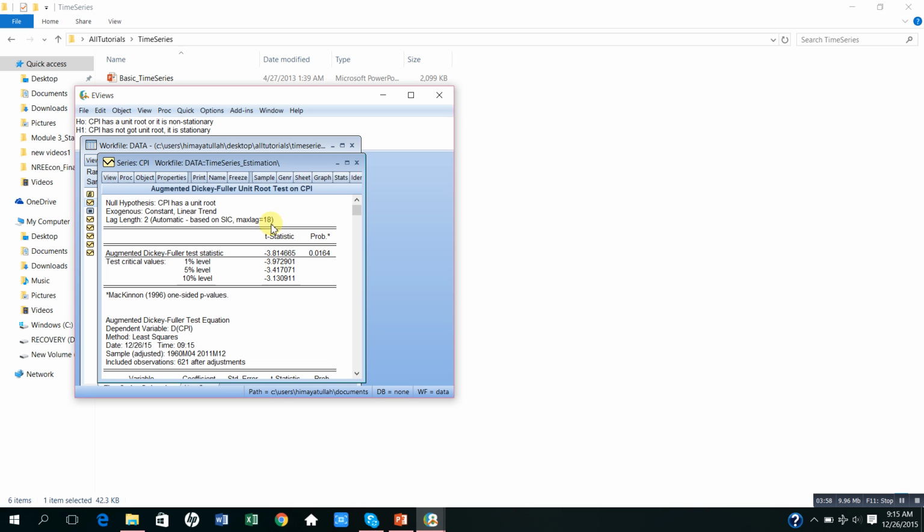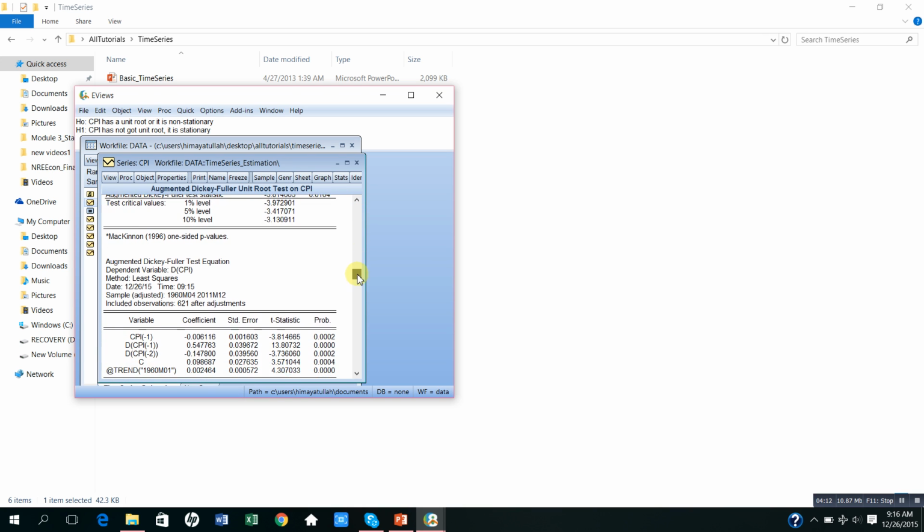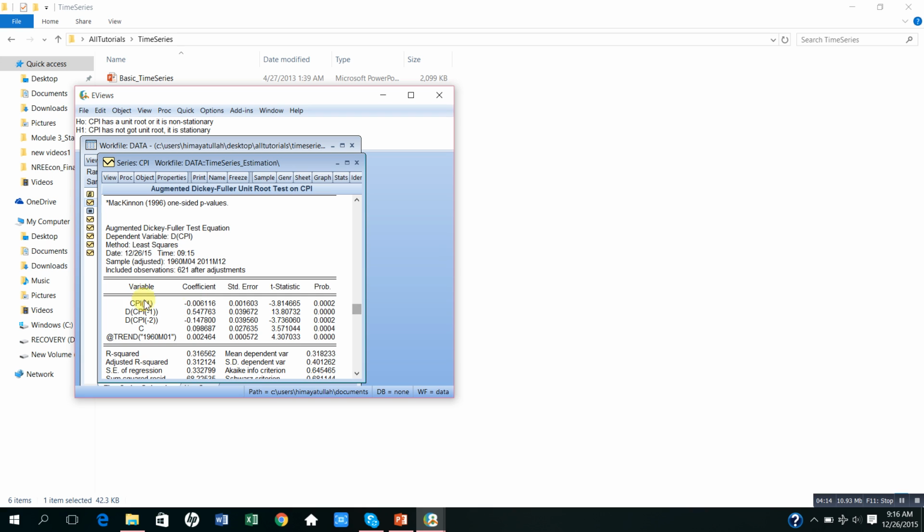Before I give any decision on this, look at the null hypothesis, which is that CPI has a unit root. Now come to the model here. In this model you see that the augmented Dickey-Fuller test has regressed the first difference of CPI on the lag value of CPI, then the first difference of the CPI in the lag terms, and this is the constant, and this is the trend.